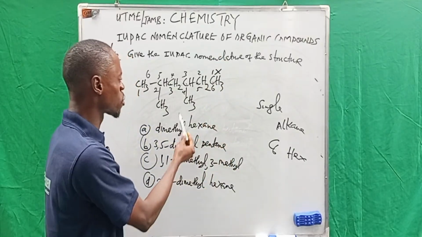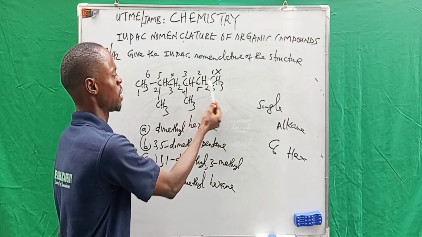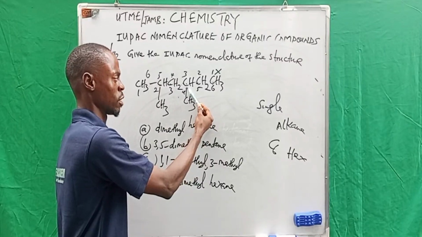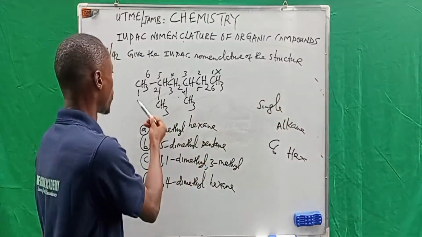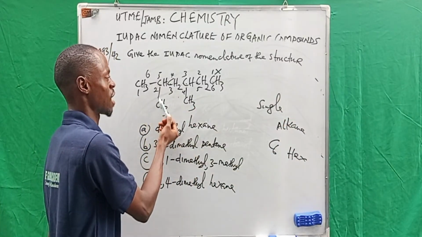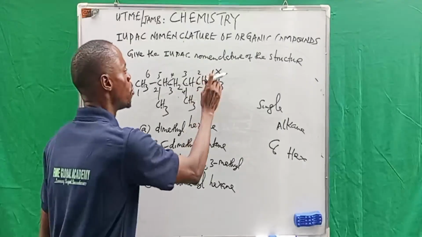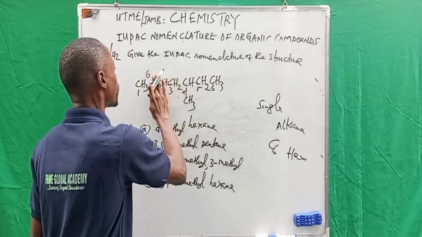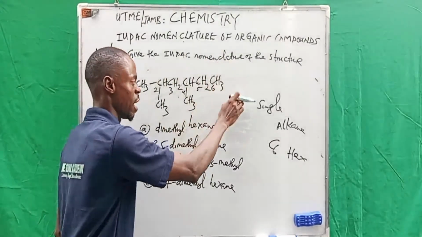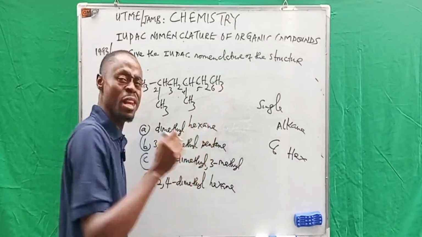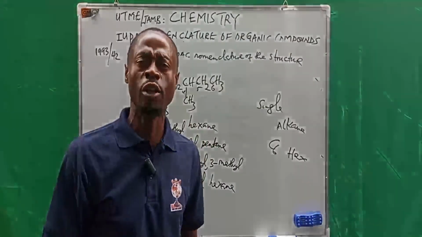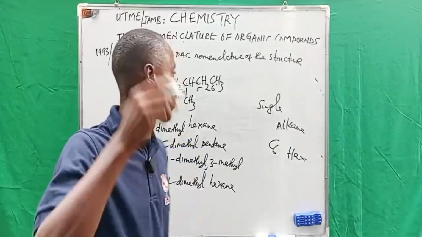Why? Because the first branch from this end is at carbon atom 4, but from this end, the first branch is at carbon atom 2. So you must start numbering from this end. You start numbering from the end where the branch is closer to the first or second carbon atom.